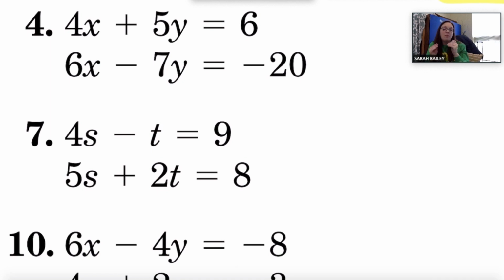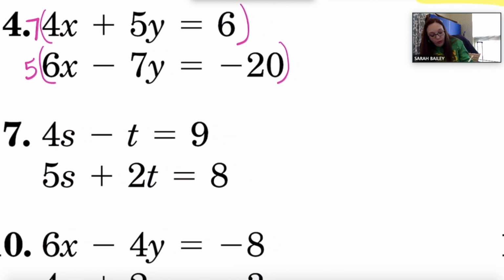Well, if I change that 5y to a 35y and the negative 7y to a negative 35y, then they'd cancel. In order to do that, the 5y would have to be multiplied through by 7, and the negative 7y would have to be multiplied through by 5. This is the most complicated type of elimination, where you have to multiply both equations by a number.